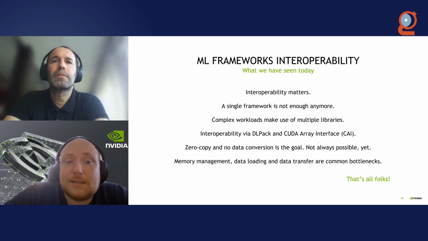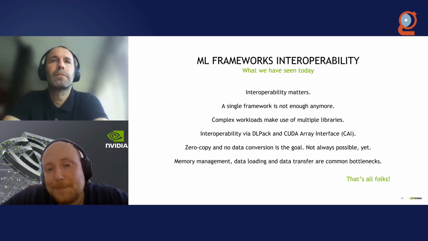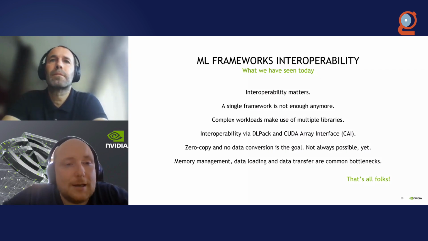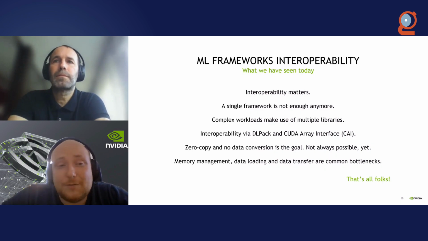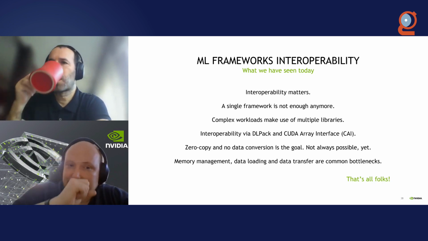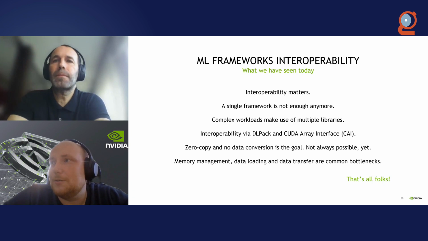We discussed different ways to achieve that under the hood: Apache Arrow, DLPack, and the CUDA Array Interface as mechanisms. And I also wanted to convince you that copying less is always good. We have seen that in the RDMA section as well as in the conversion section, but it's even better if you don't have to copy data at all, right?